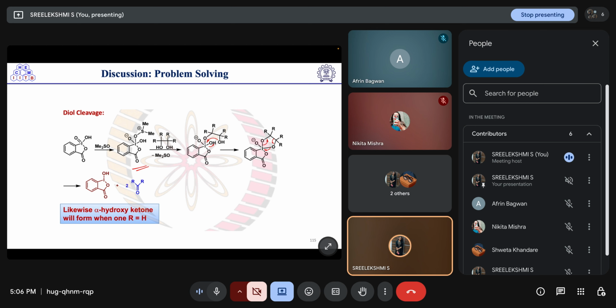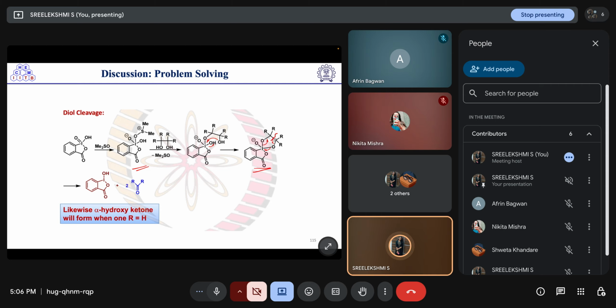Then one of the hydroxyl groups of the diol will attack that iodine. This OH will leave, and then another OH will also attack that iodine, forming this kind of intermediate. Then this bond will shift over here, this will come over this, and this will come here. So basically this bond is getting cleaved.